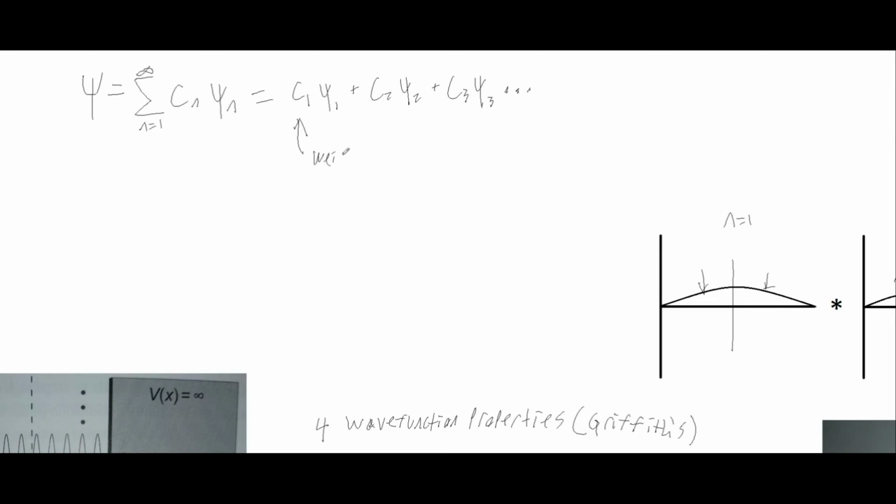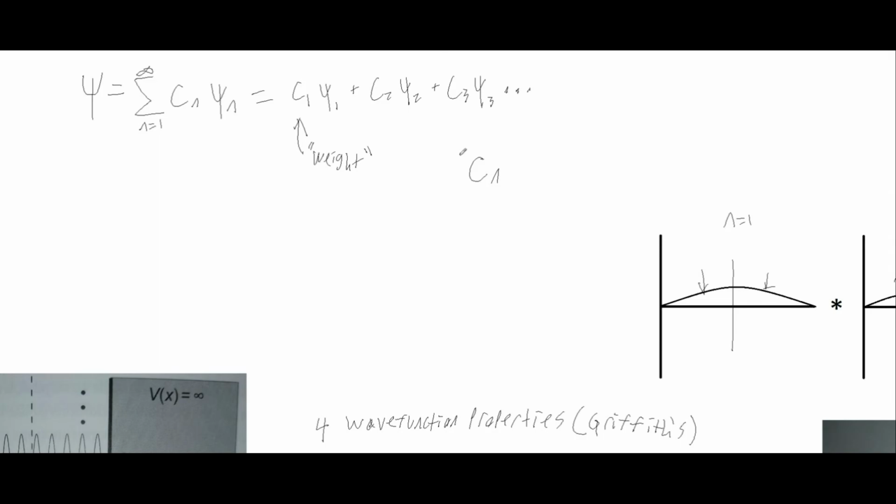If you've ever taken a weighted average or something, it's the weight. It's how much of this wave function is a part of the total wave function. And then C2 tells us how much of psi 2 is in it.